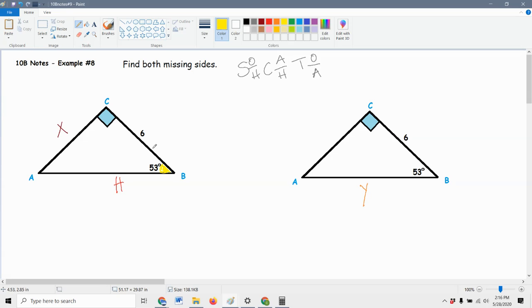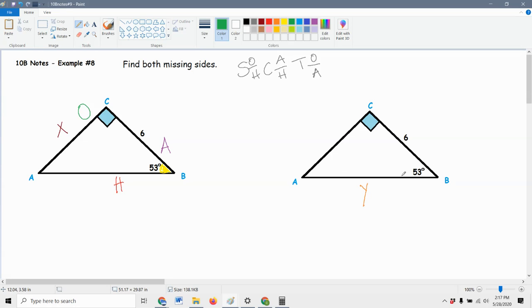So this side touching that angle, we call the adjacent side, and we label it with a capital A. All the way across the triangle from that angle is the opposite side, and we label it with a capital O. So here's the labeling for this triangle based on the fact that we're interested in this angle over here.